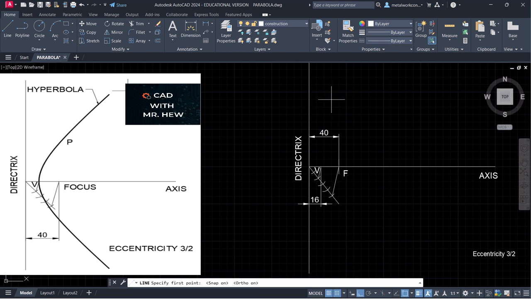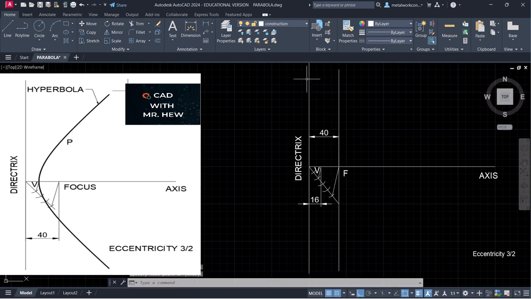So this distance would be 60 times the inverse of 3 upon 2. So you multiply 60 by 2 upon 3 and you'll get 40 millimeters.